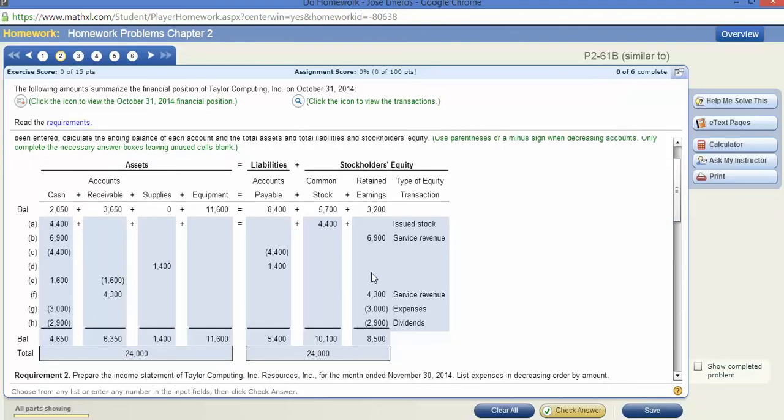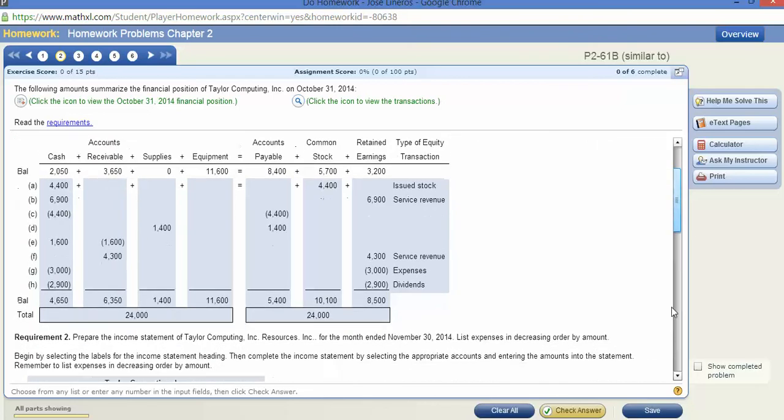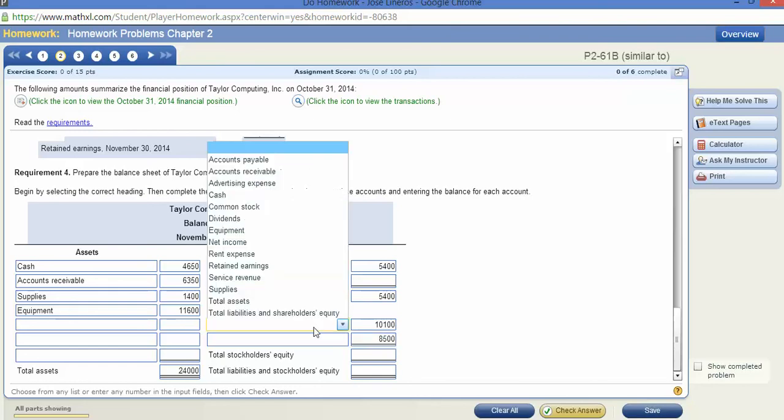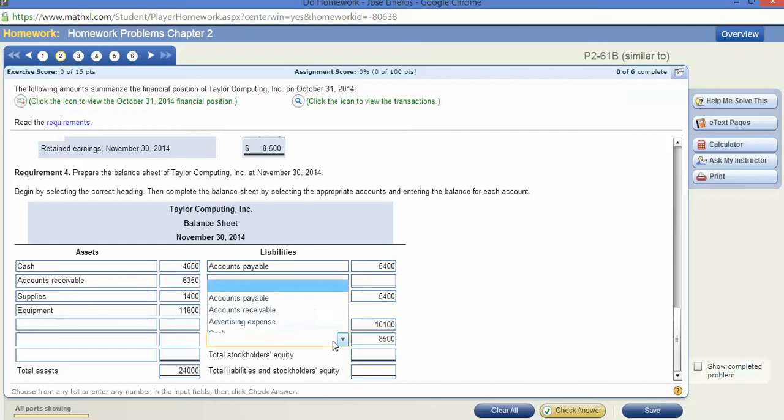What we'll do next is go ahead and cheat. Common stock is 10,100 and retained earnings is 8,500. So we'll come out here and put 10,100 and 8,500.